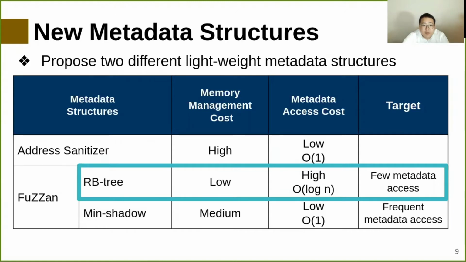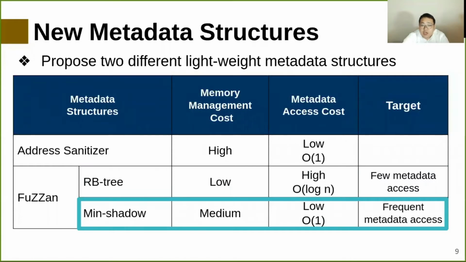Since a corresponding arbitrary size and the memory management cost can be small, but metadata access cost will have to be high. In the case of the mean shadow mode, this mode is based on Address Sanitizer's shadow memory.